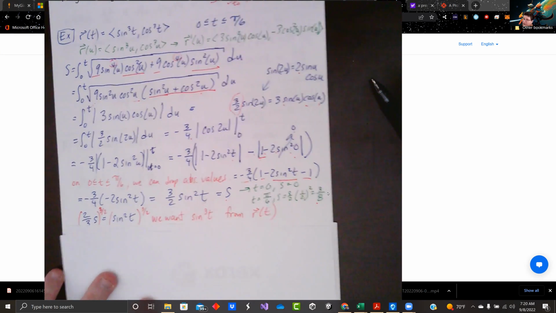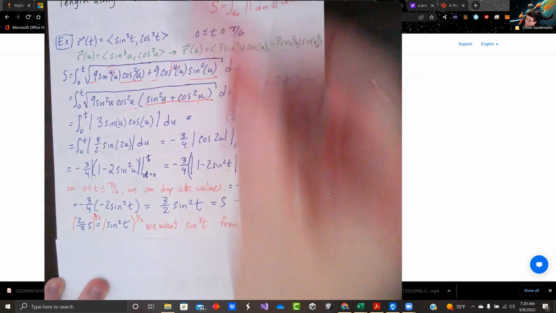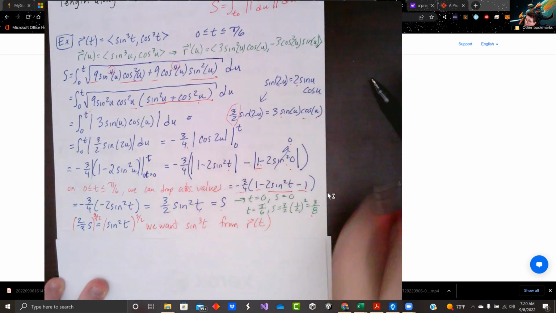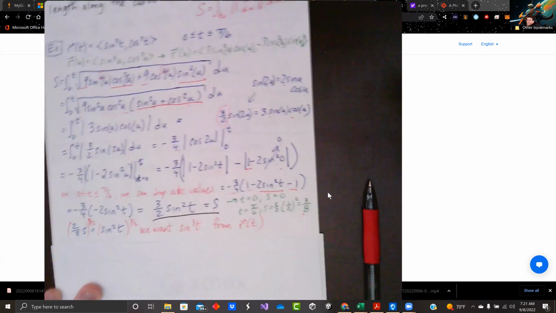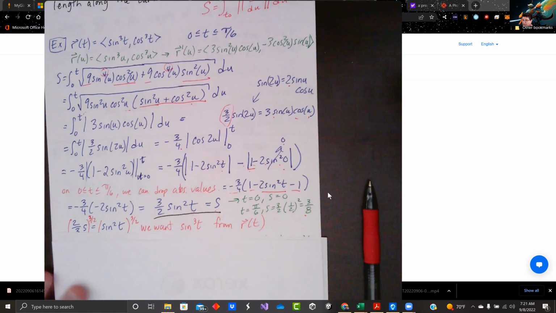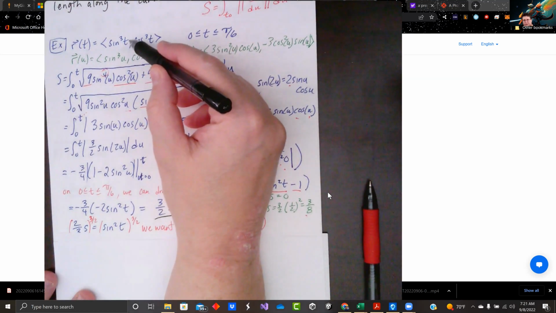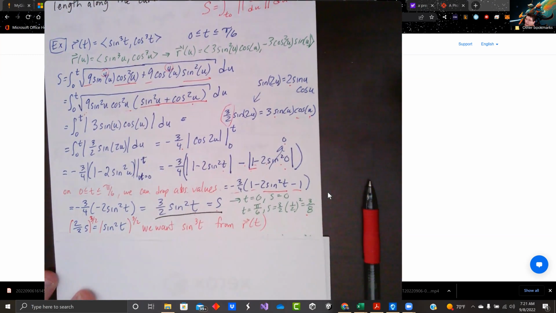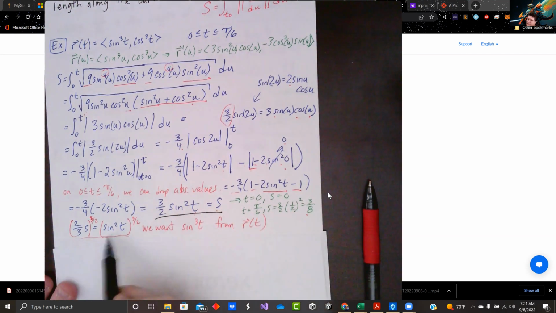Now we've got to replace our t in our function here with s, which means we need to solve this in terms of t. Well, we really want sine cubed t, right? So let's focus on sine cubed t. If I multiply both sides by 2/3, I'll get 2/3 s on the left and just sine squared t.